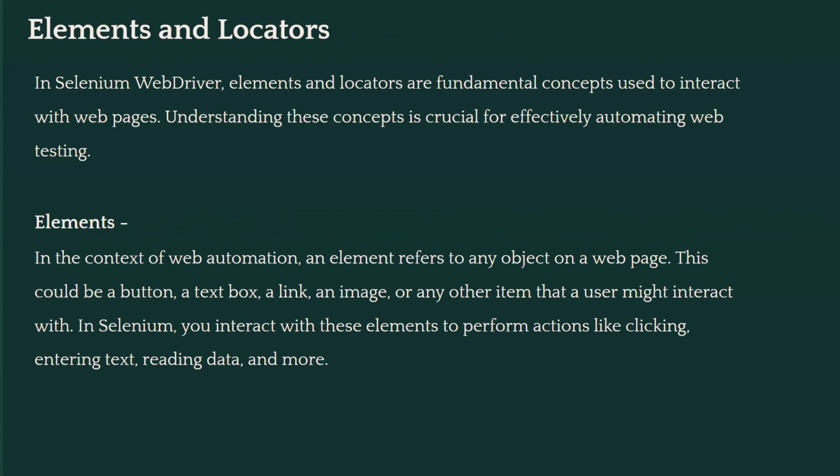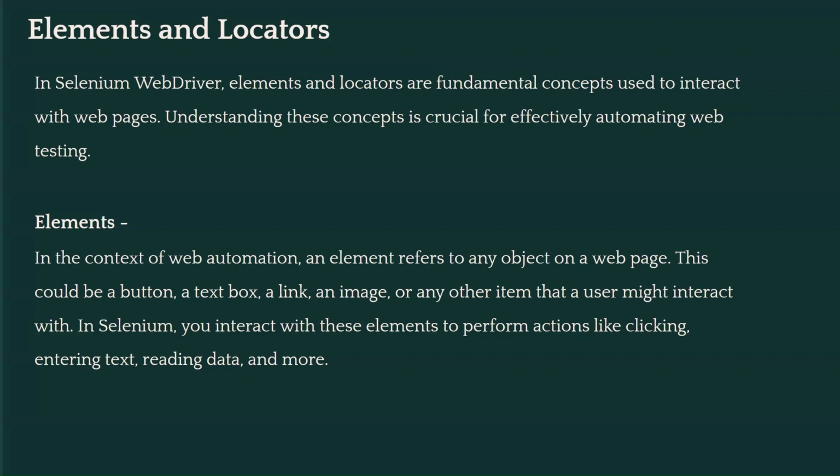So it's very important to know about this. First, let's understand elements. In the context of web automation, an element refers to an object on a web page. So talking about web automation, an element is basically a reference to an object on a web page.